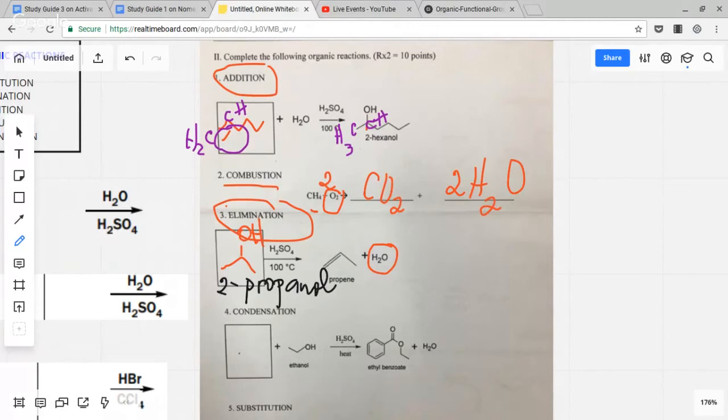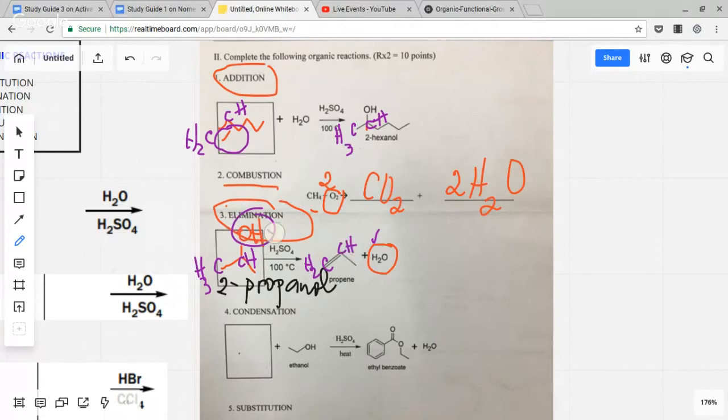And then if you trace again our carbons here, this is a CH3 here, and this is a CH. If you go to the product side, this becomes CH2. That means you remove one H from here, and this is still a CH. That means nothing gets removed but the OH.